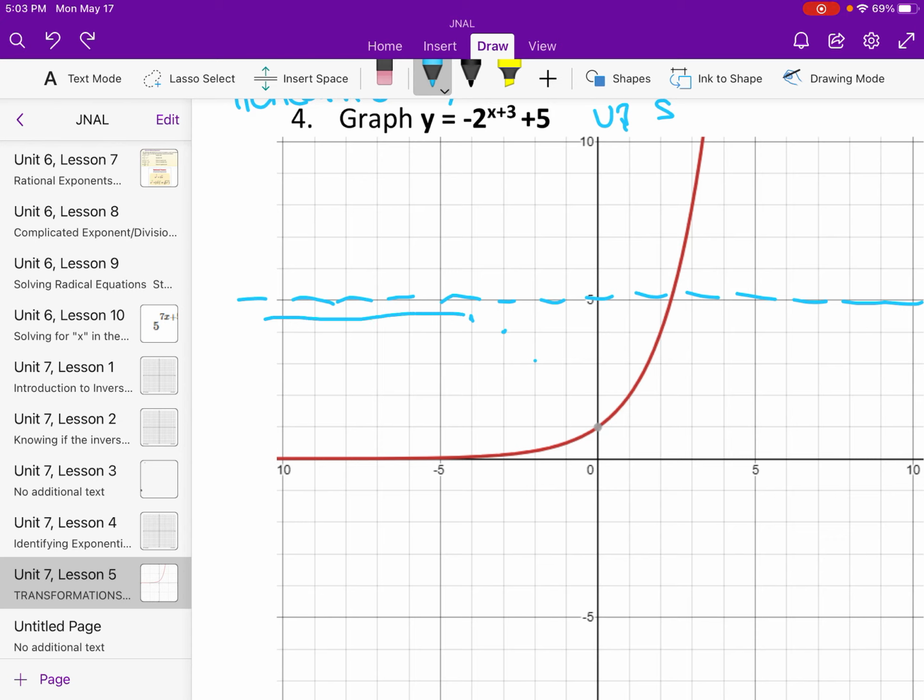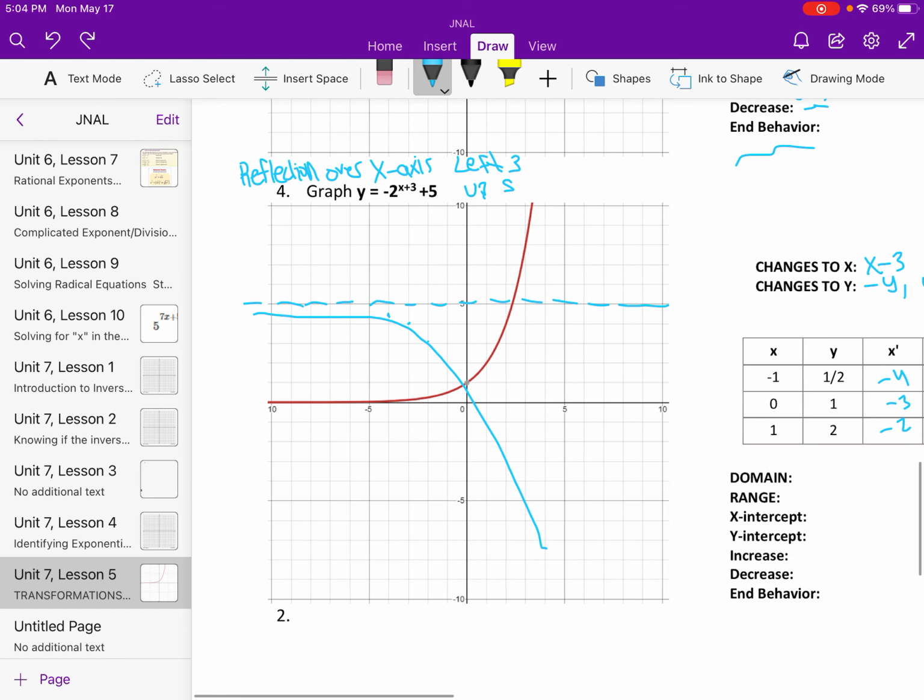Let me see the best way to draw this. It would kind of go like this. Not that this is an asymptote, but that's just the way that the function goes. It would really go more like this. So it's still going that way. It's not really bending that way. So that's what that function would look like. And it's upside down because of that.